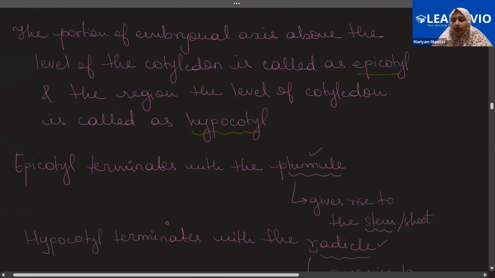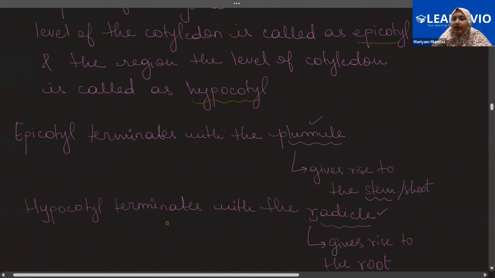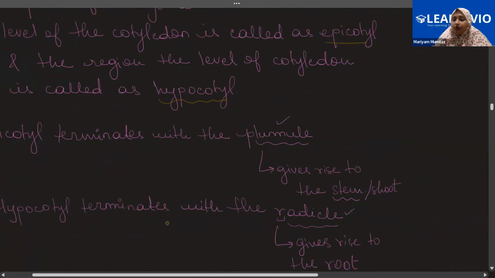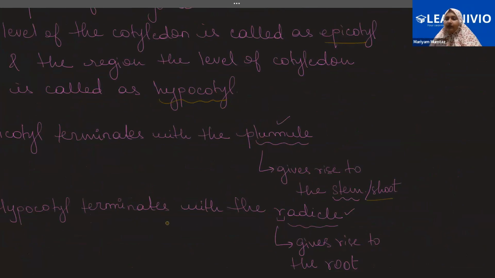Now, the epicotyle, that region which is above the level of cotyledon, will terminate with a plumule. It is again a region. Plumule is a region which will give rise to the stem or the shoot, because we use the seed for agriculture, right? Whenever we want to grow a new plant, we sow the seed. Inside the seed, embryo is present, right? So that embryo has to have something, then only the roots will be formed, then only the shoots will be formed.